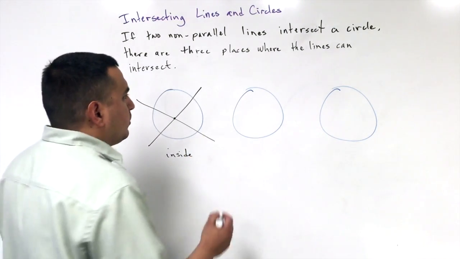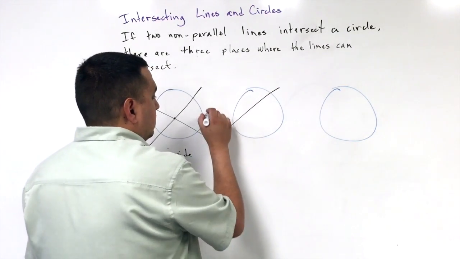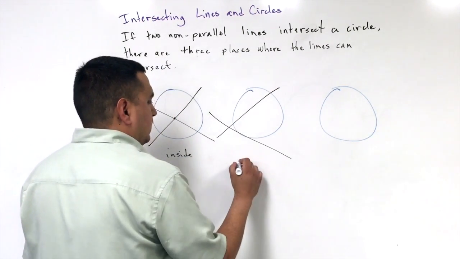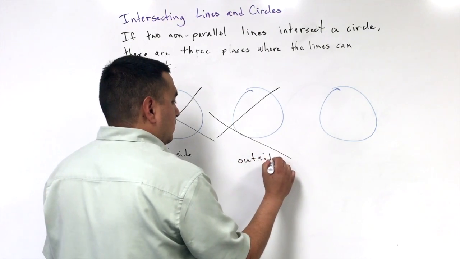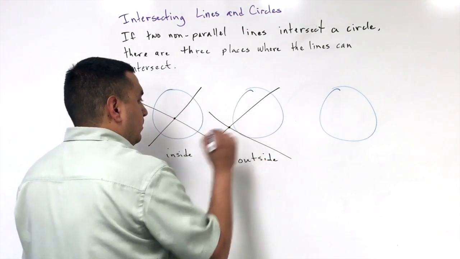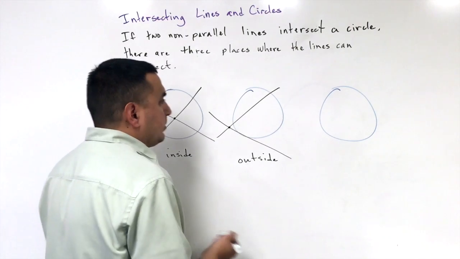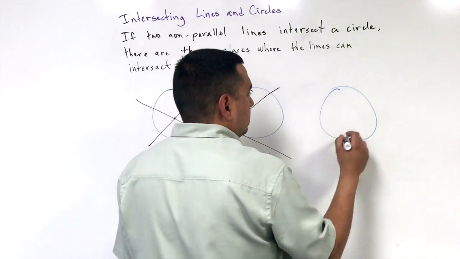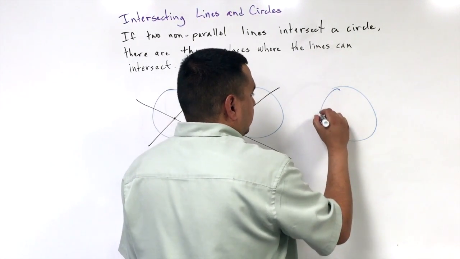They could also cross outside the circle here. The other possibility would be that they cross on the circle.